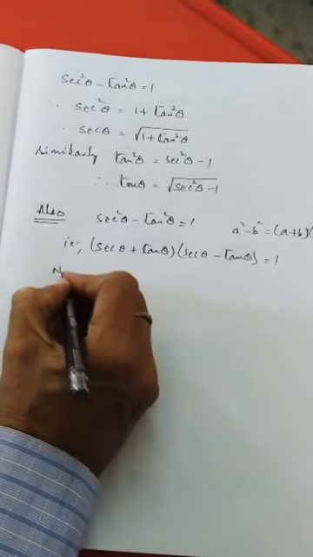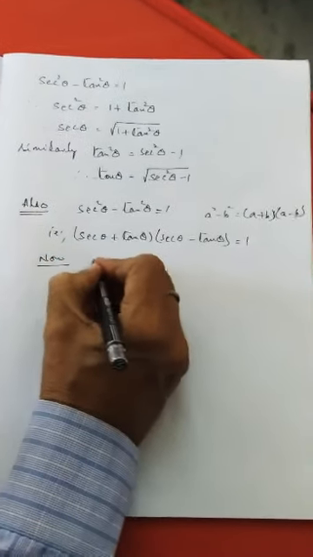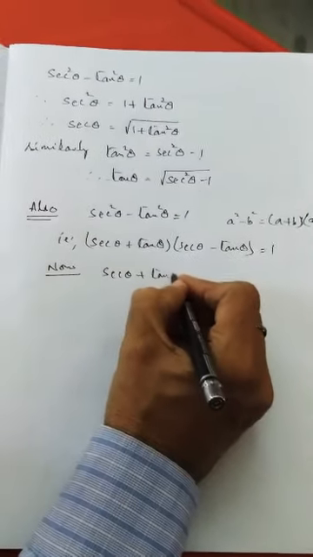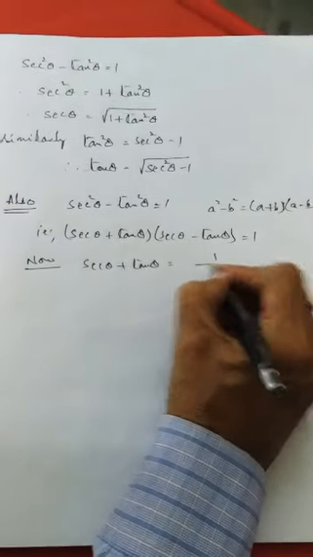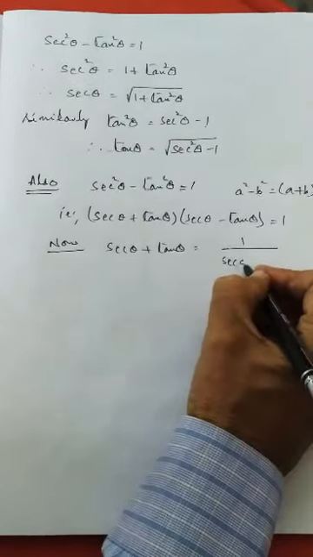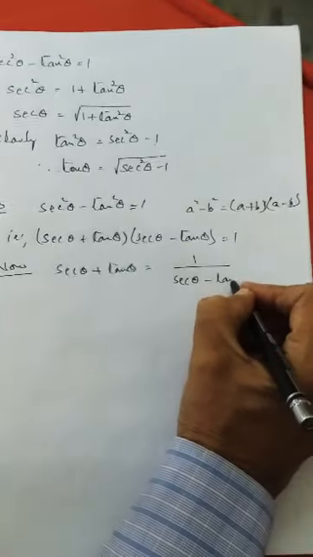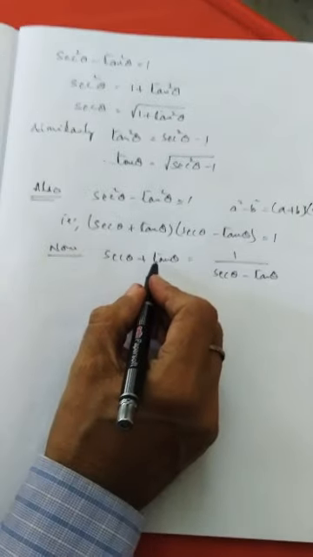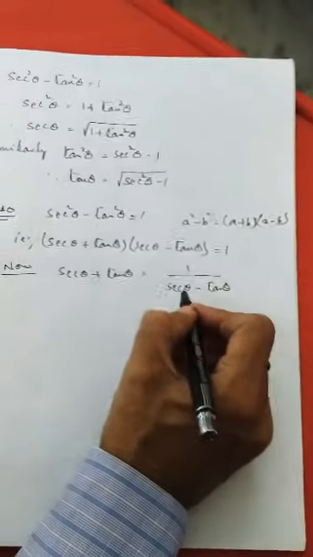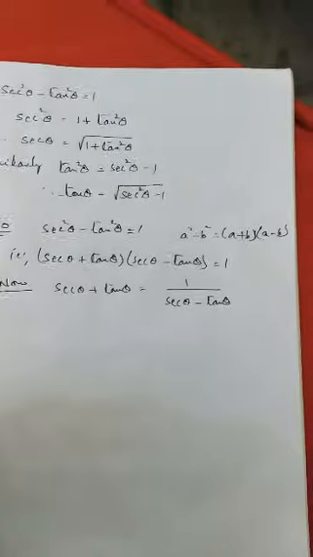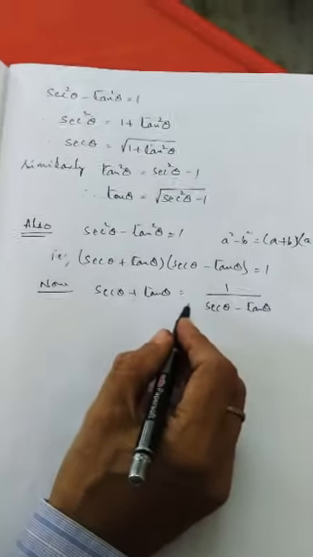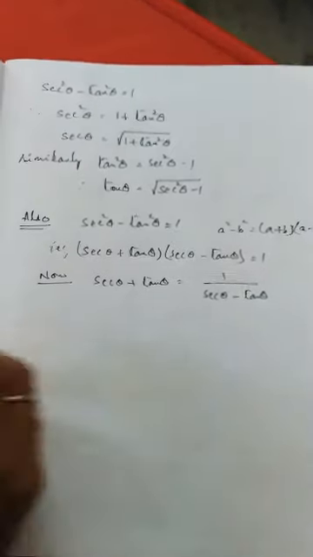Now secant theta plus tan theta is equal to 1 by secant theta minus tan theta. Now from this we get problems such as this.